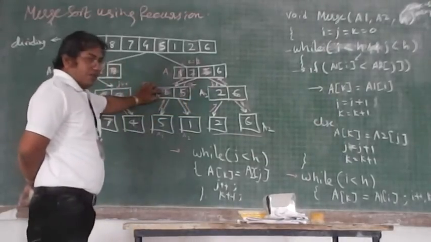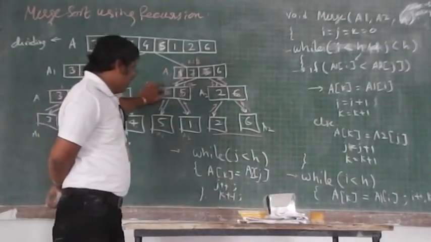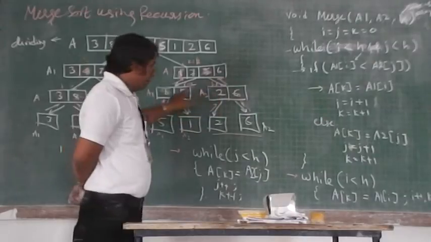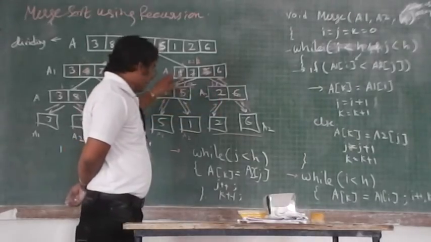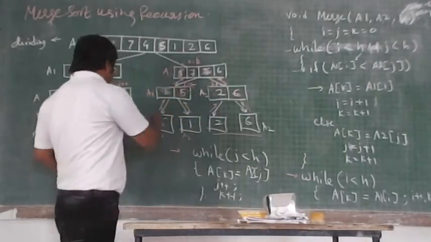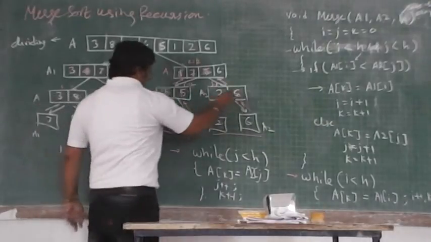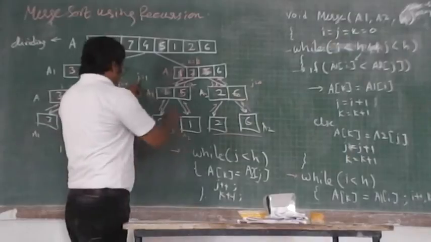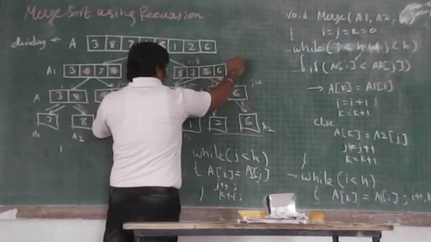One minute, somewhere a mistake has happened, let's see. 1 is compared with 2, i and j are 0. 1 goes to here, i is incremented to 1. j is at 0, k becomes 1.